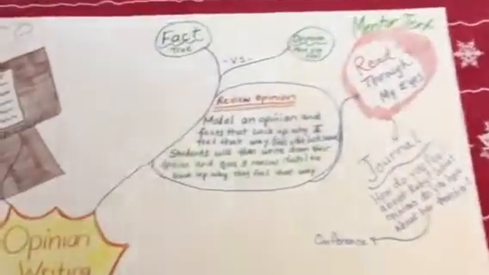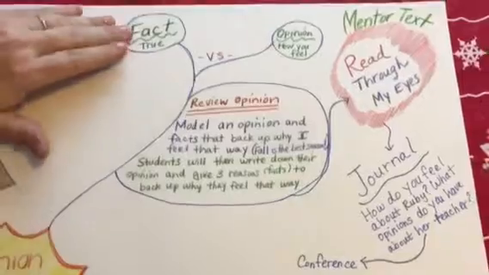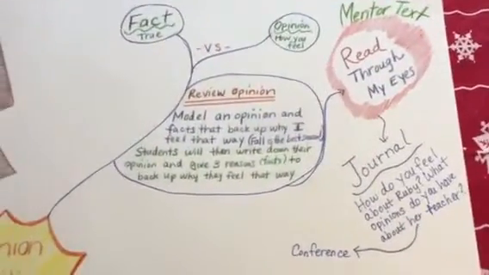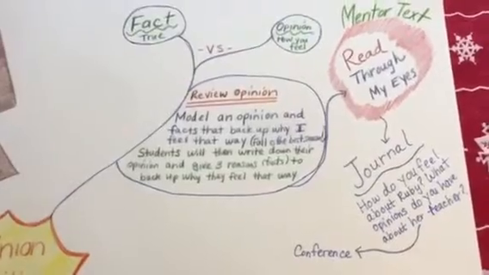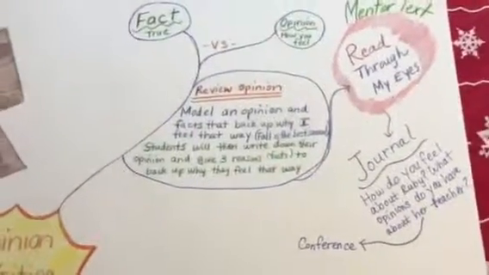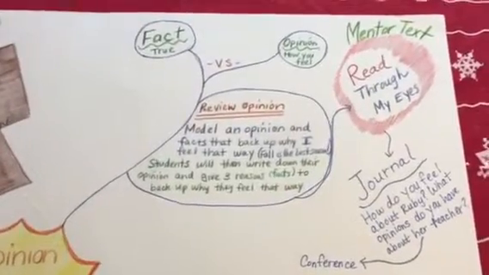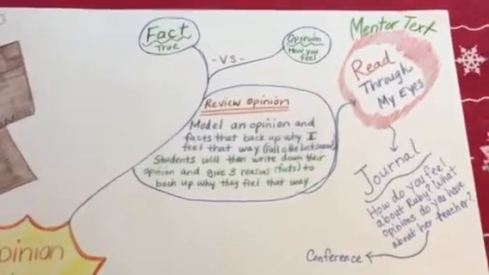My first lesson, I'm going to go over the difference between fact and opinion. Facts being a statement that is true, and opinion being a statement of how you feel. So I'm going to attempt to give them one of my opinions, and that is that fall is the best season.